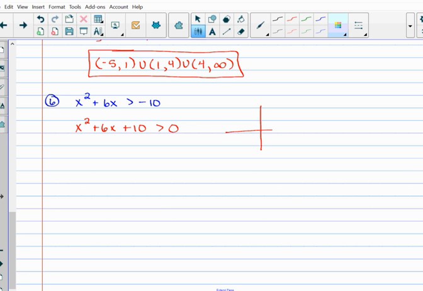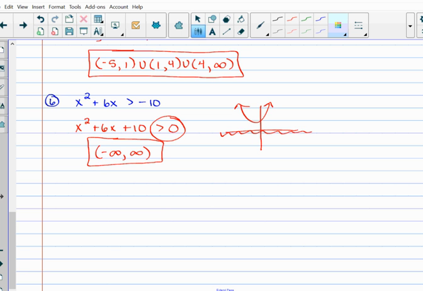This is not exactly what the graph looks like, but let's pretend there's my graph. We can't find the x-intercepts because there aren't any. There's imaginary solutions to this. So if I'm asking you, when is this greater than 0? When is it above the x-axis? Always, right? So you would just say negative infinity to infinity.